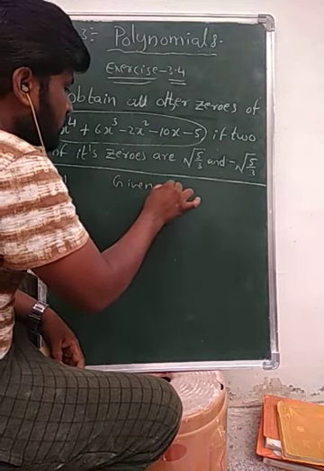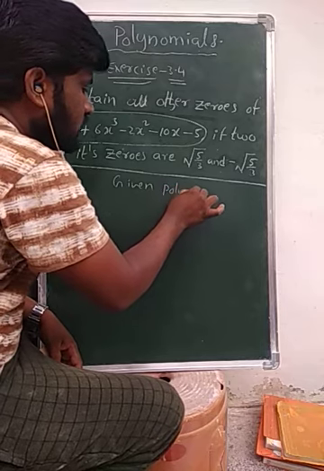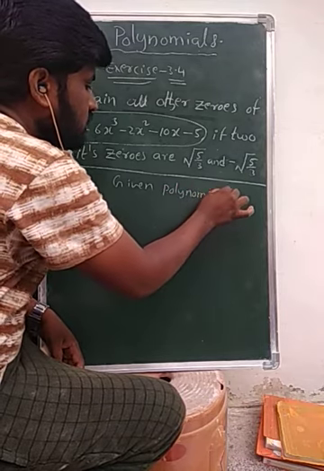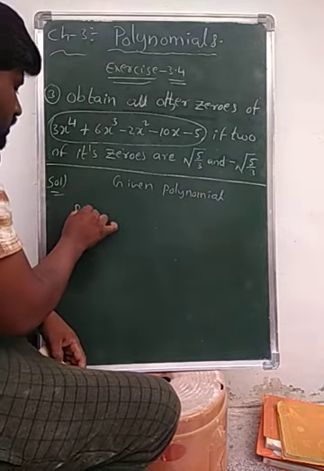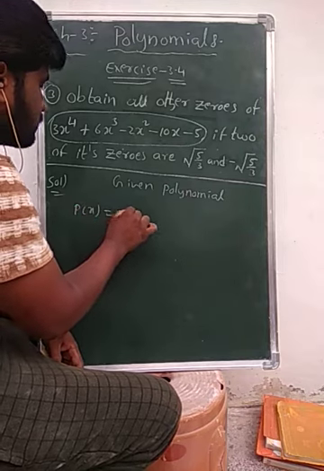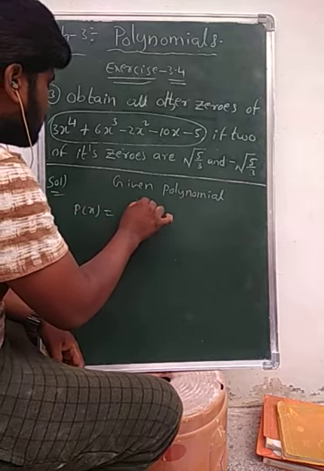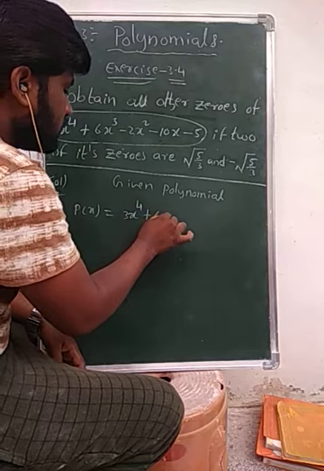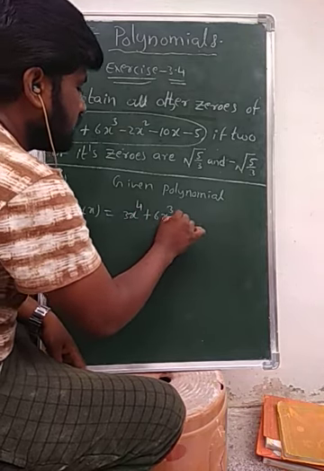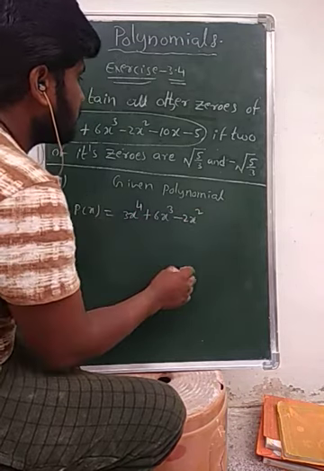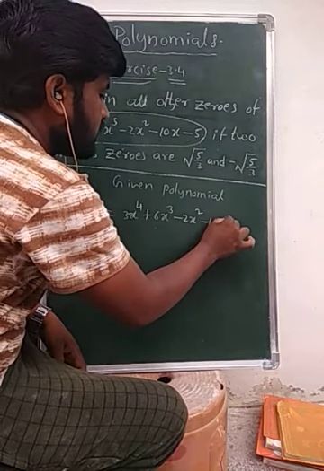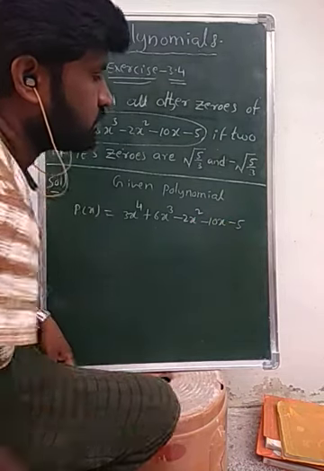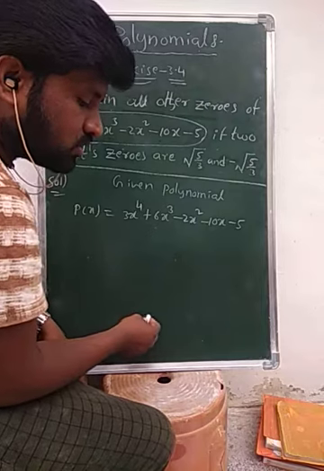Now I'm writing the data. Given polynomial, that is p of x is equal to 3x to the power of 4 plus 6x cube minus 2x square minus 10x minus 5. And what are the given two zeros?